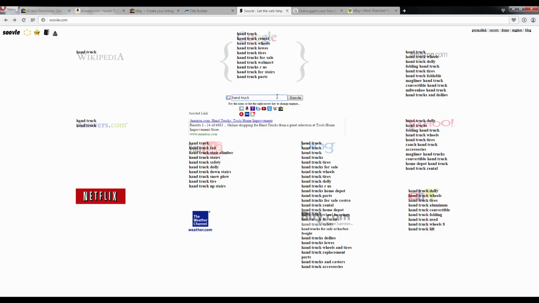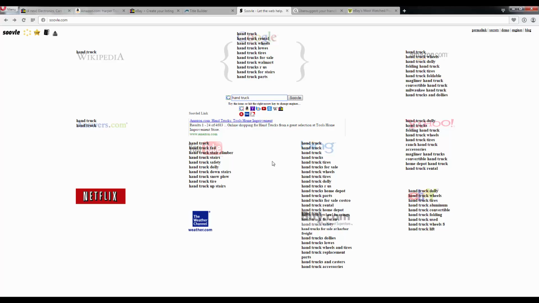Okay, so as you can see, we have all these different keywords that are pulling up to help us with our listing be as optimized as possible. Hand truck rental, wheels, lows, tires, right? And we may not use all these keywords here, but they're going to give us a better idea as far as what people are searching for.